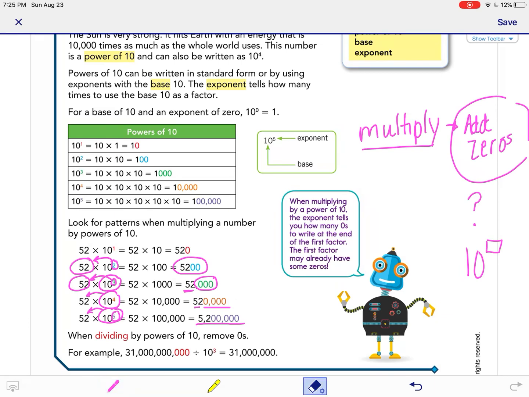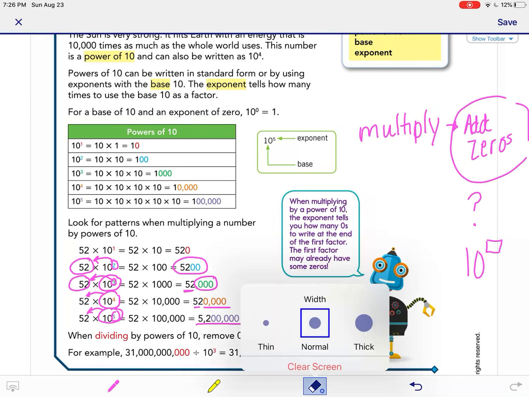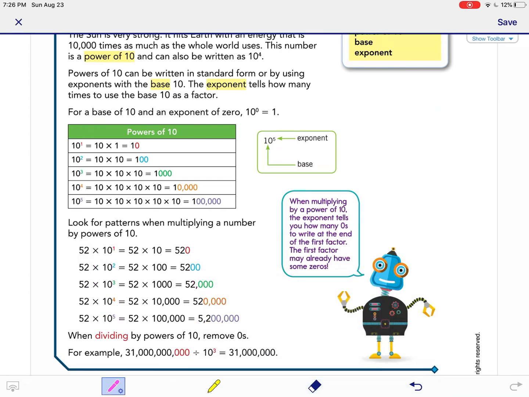What about when we are dividing? This was multiplying, right? We're multiplying, but what about if we divide? When dividing by a power of 10, you're going to remove zeros instead of adding them. For example, if you have 31 billion and you divide it by 10 to the power of 3, you're going to get rid of these last 3 zeros.